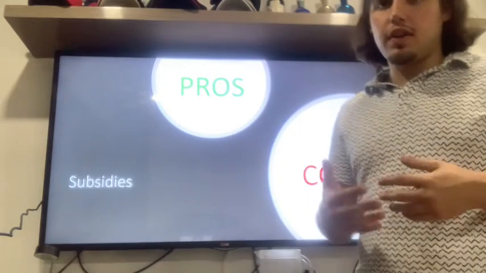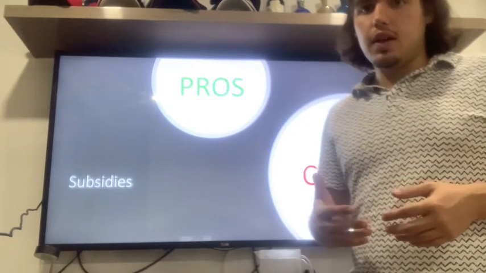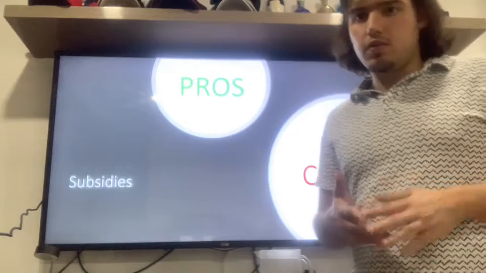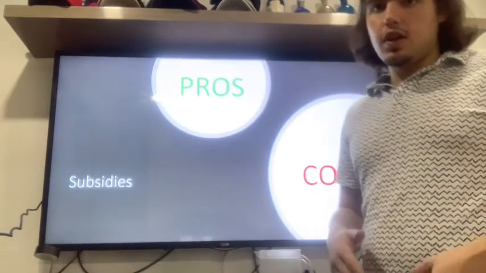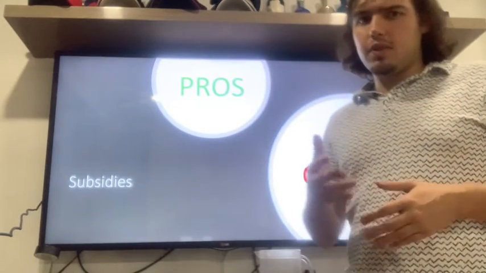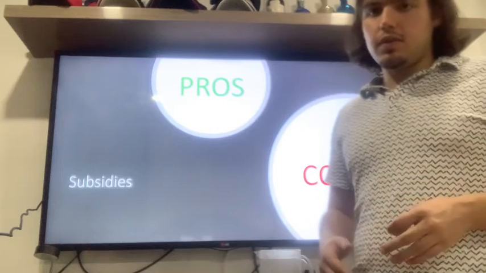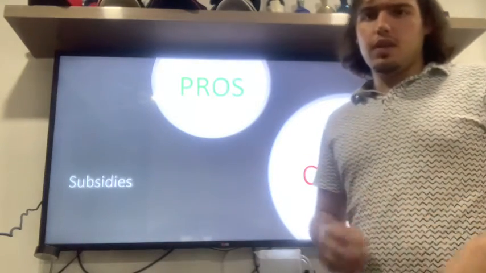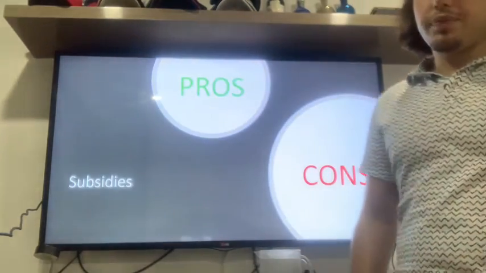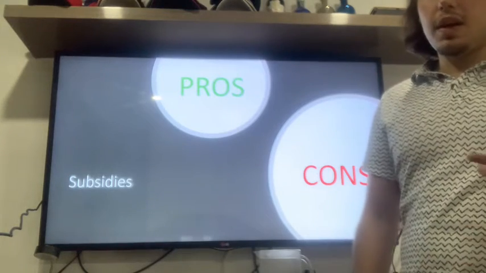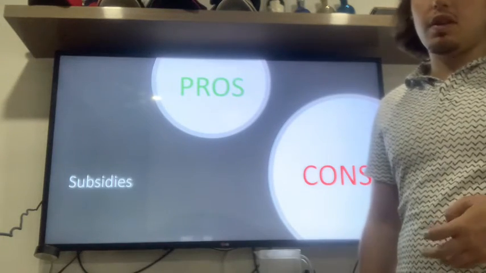Also, higher taxes might be imposed to raise needed funds to subsidize industries. So this might hurt the others as well. And it might create an excess of supply.